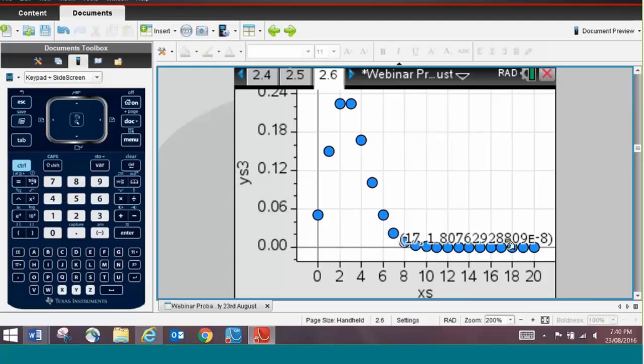So there are two ways that we can do that: the scatter plot within the graph entry and also on a data and statistics page. The data and statistics page is really nice because you can just put your cursor over the particular points and you can find the probability of x being 3 for that value is 0.224, etc.